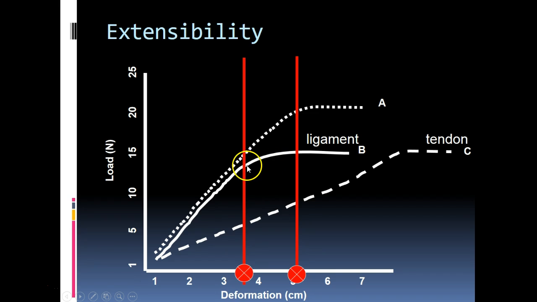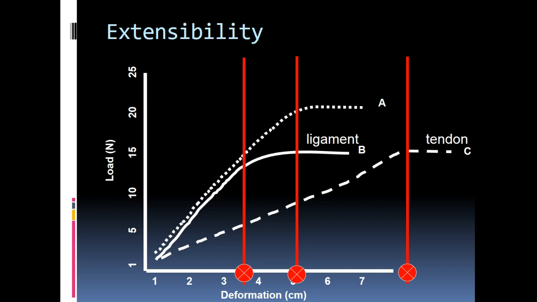For ligament B, the deformation occurs at about 3.5 centimeters, and for tendon C it occurs at approximately 9 centimeters before suffering damage. Therefore, tissue C is the most extensible, because it can go through more deformation, if that makes sense.